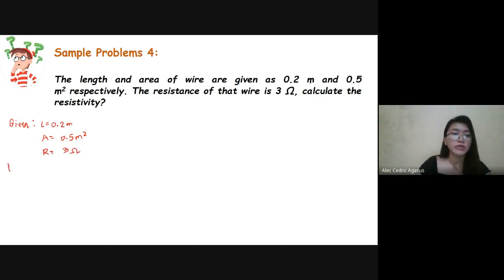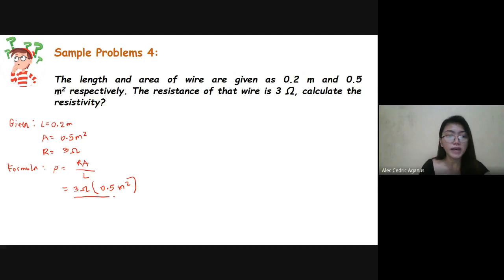So write the formula. Resistivity is equal to R times A over L. To substitute, R is 3 ohms times 0.5 squared meter, divided by length, which is 0.2 meters.